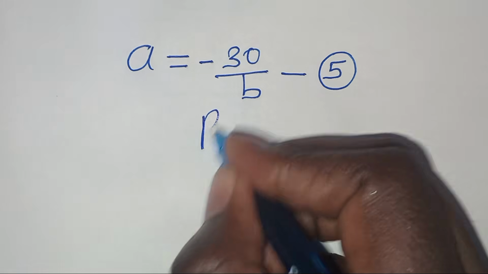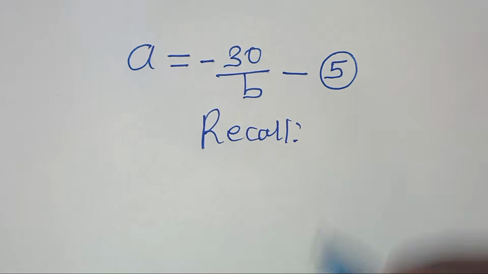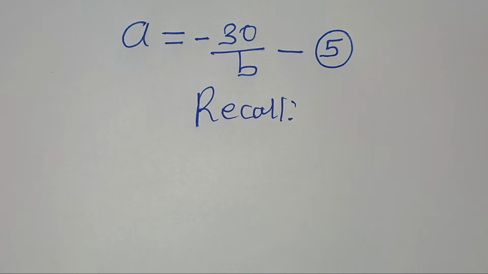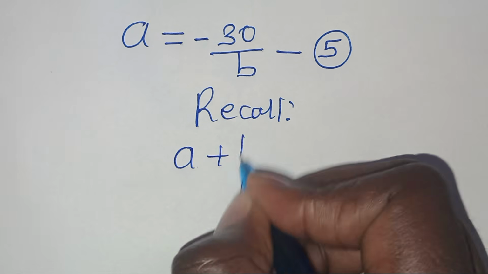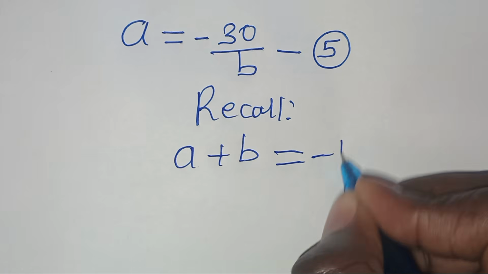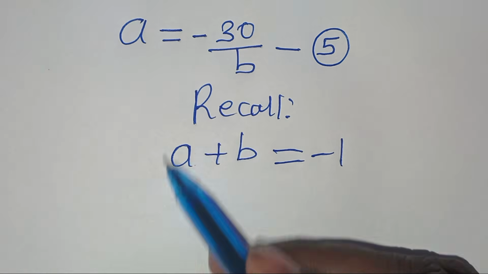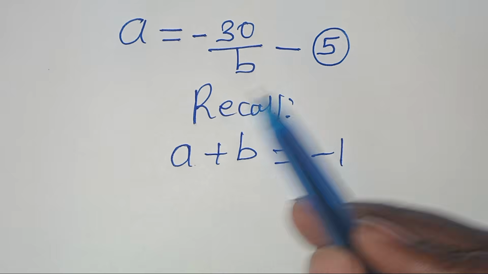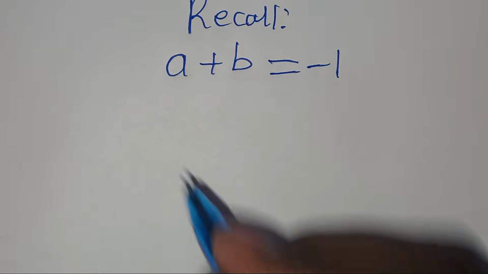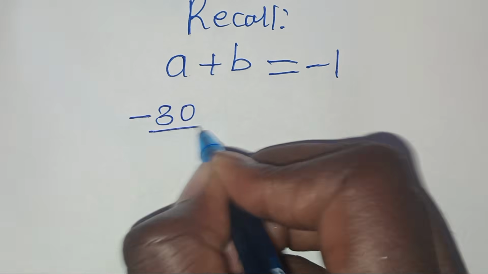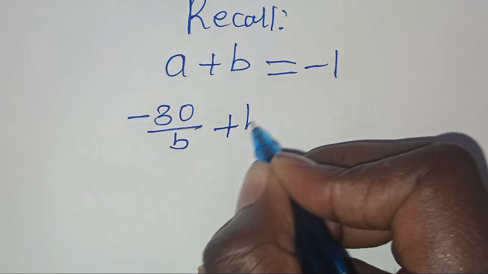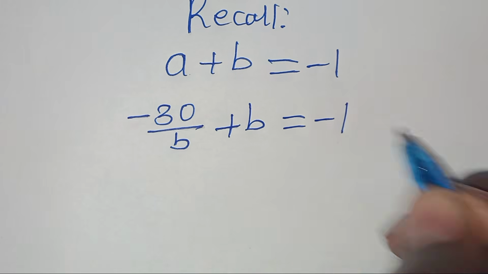Now, if you recall from equation 3, we have that a plus b is equal to negative 1. So let's substitute a with negative 30 over b. So we have negative 30 over b plus b equal to negative 1.